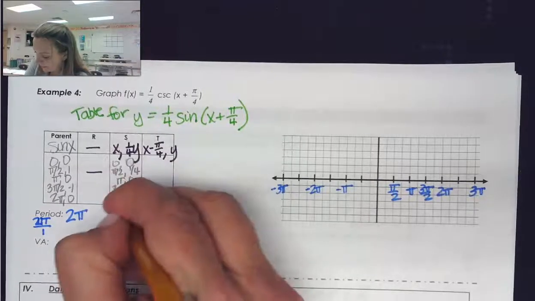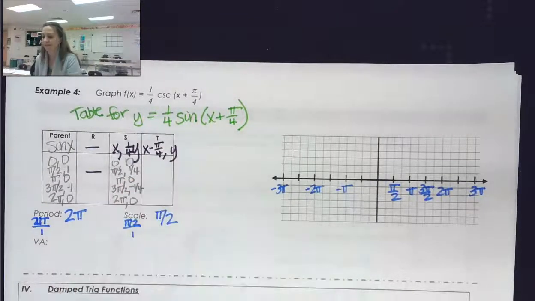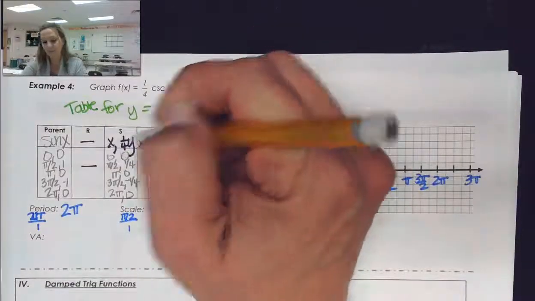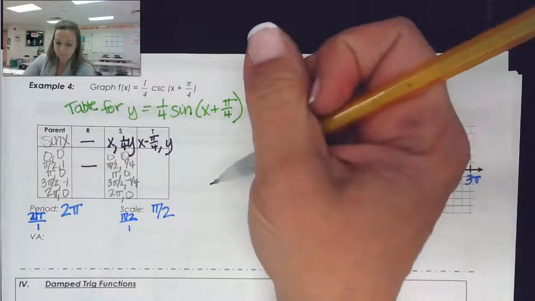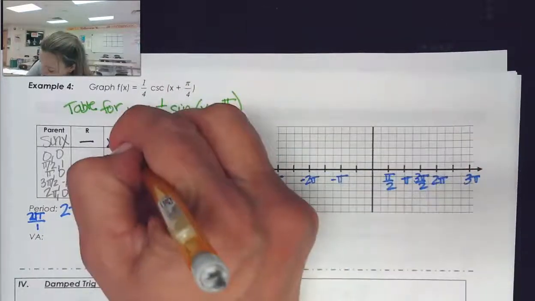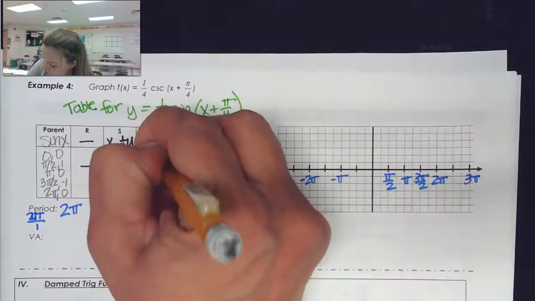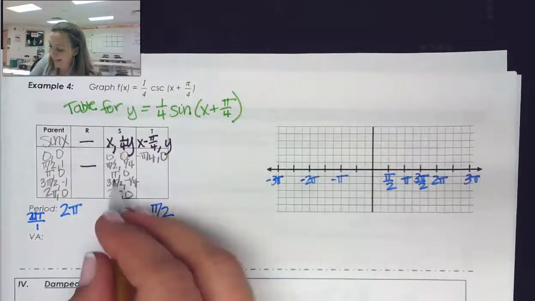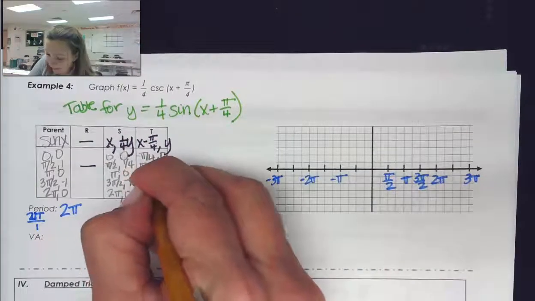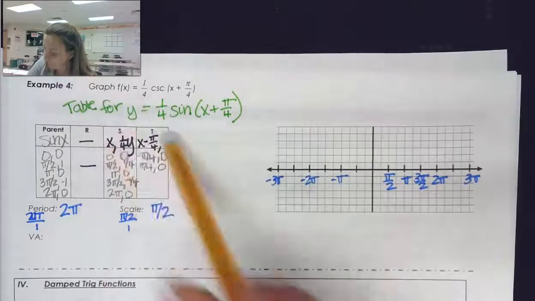I really need to make my tables bigger. And then we're going to subtract pi/4 from the x values. So x minus pi/4 is negative pi/4, 0. Pi halves minus pi/4 is pi/4, 1/4.